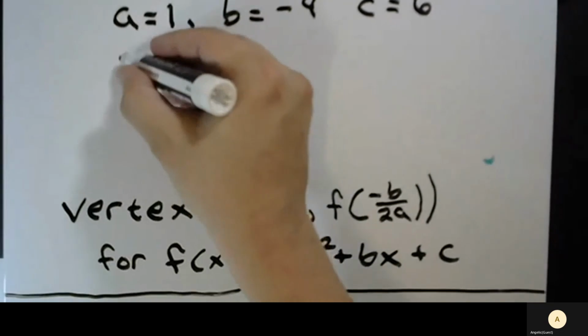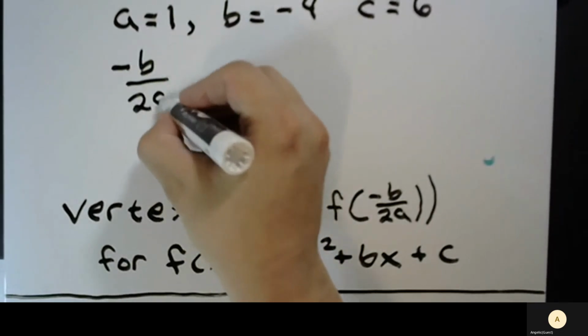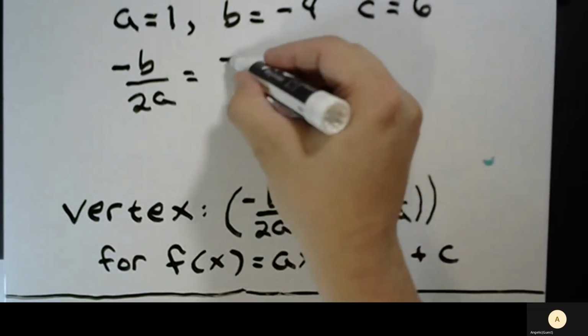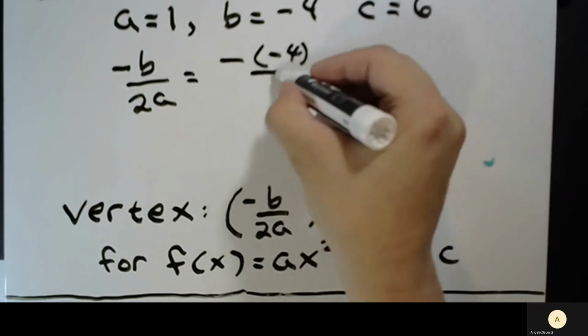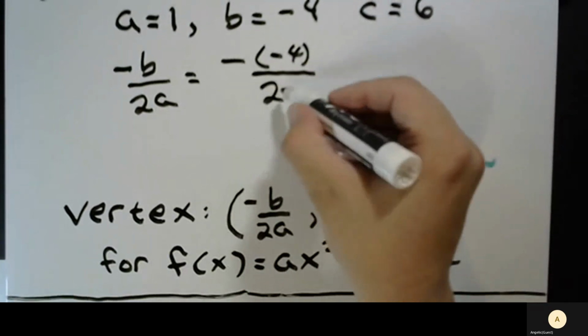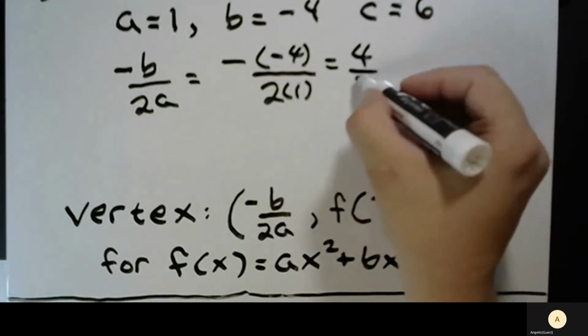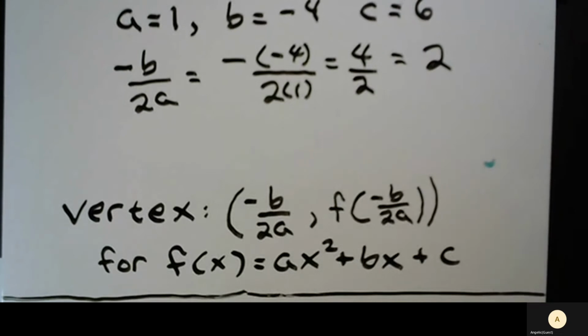So negative B over 2A is going to be negative, there's B, over 2 times 1, or 4 over 2, which is 2.